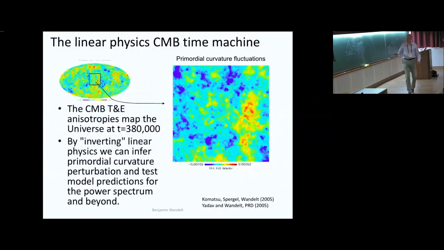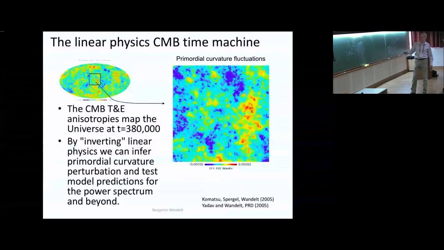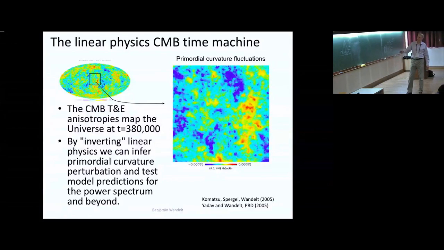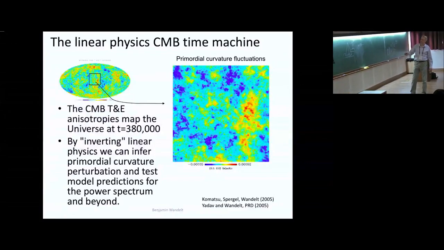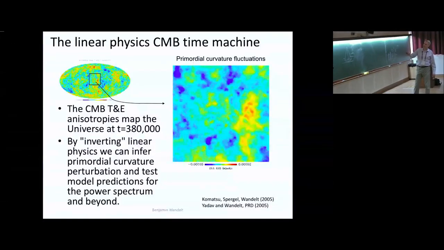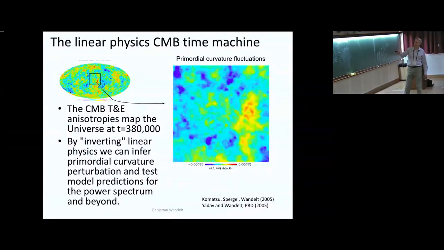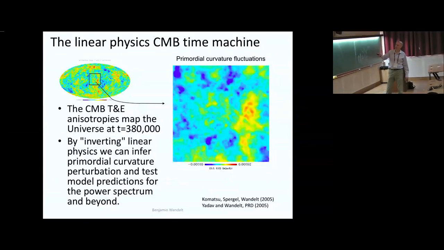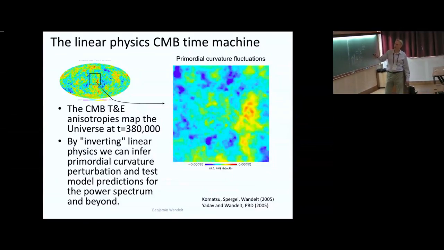These are the papers where we introduced the machinery for this, in roughly 2000, published in 2005. Here's again a cartoon version of the previous slide. Here's the CMB map, and then in some patch here, for example, we can reconstruct various slices.